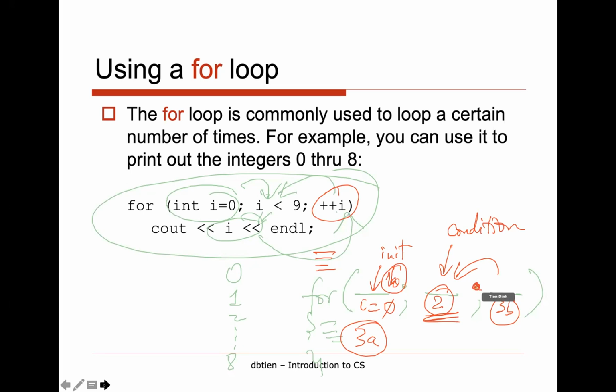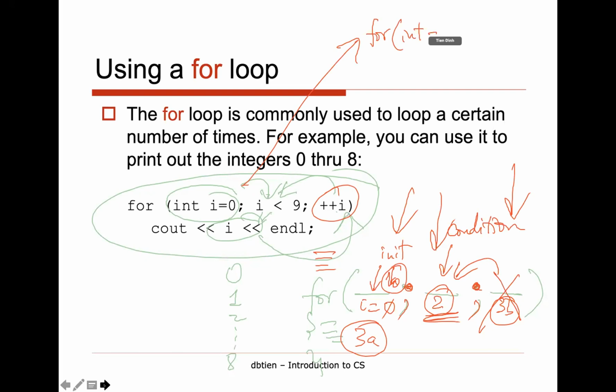Remember, this is a semicolon. The semicolon splits those, they are different statements, different conditions. You can leave it empty here. You can rewrite this for loop: i is 0, i less than 9, and you put a semicolon, and you leave nothing here, and you put cout i and endline here, and you put plus plus i here.